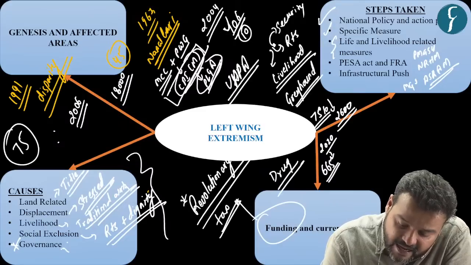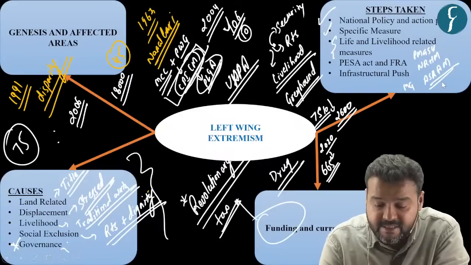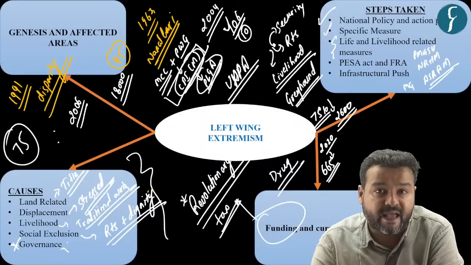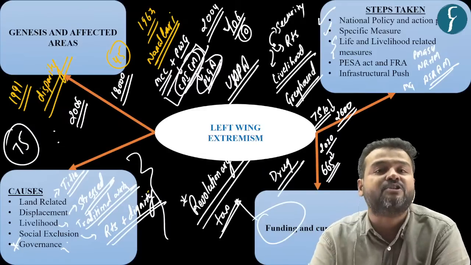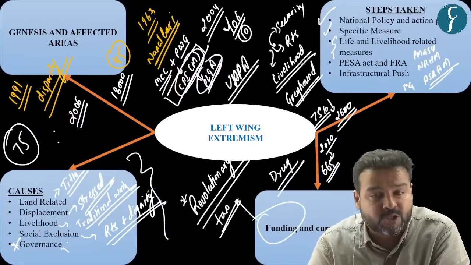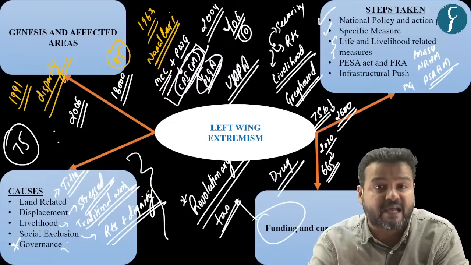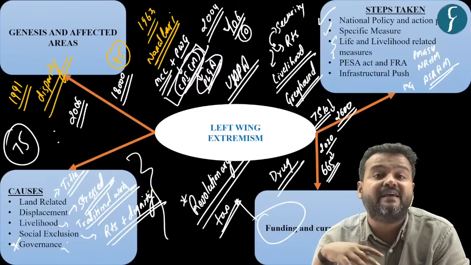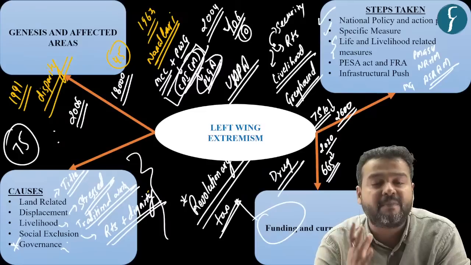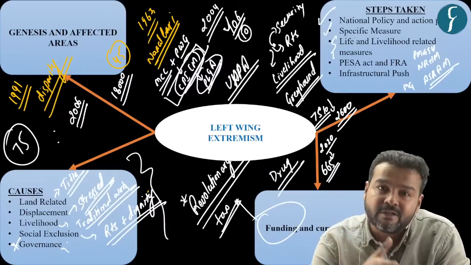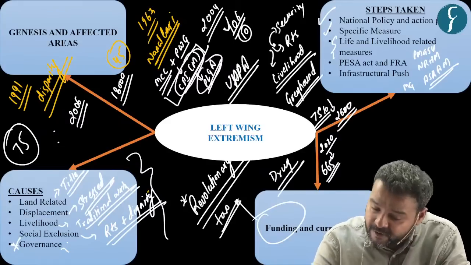So these are some measures that the government is taking proactively, and the government is focusing on efficient implementation of these schemes so that they can penetrate deep inside the society, which feels that it is alienated, sidelined from the developmental stream of the country. So now they have taken up these steps.